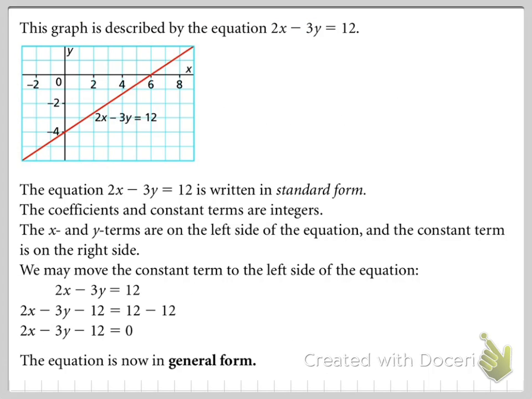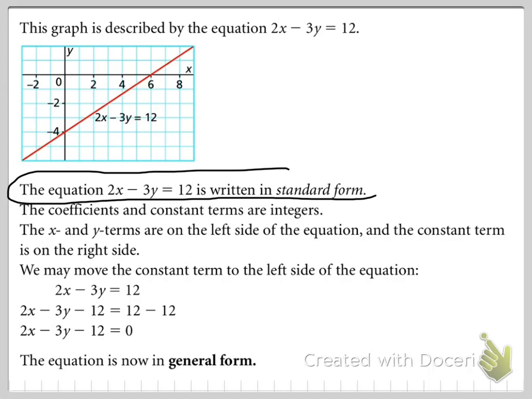This graph is described by the equation 2x minus 3y is equal to 12. The equation 2x minus 3y equals 12 is written in standard form. The coefficients and constant terms are integers. The x and y terms are on the left side of the equation and the constant term is on the right side.